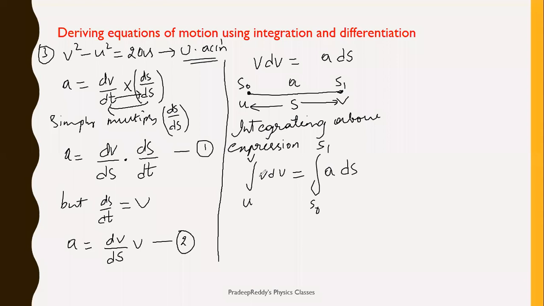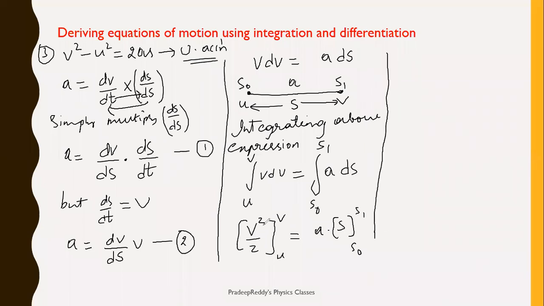Okay. Now what is the v dv integration? The v dv integration is v square divided by 2. Limits are from u to v. This is equal to acceleration a, and integration of ds is s, with upper limit and lower limit. Fine. Now take the upper limit first.